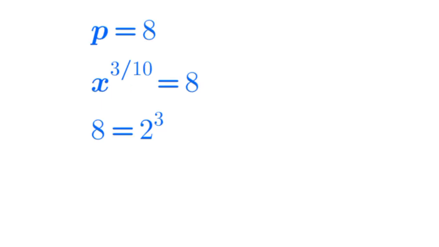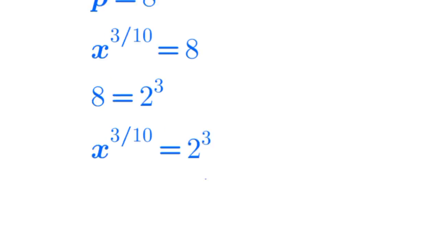So we have x^(3/10) equals 2^3. Now to get rid of 3/10, which is the exponent of x, we can raise both sides by the power of the inverse of 3/10, which is 10/3.